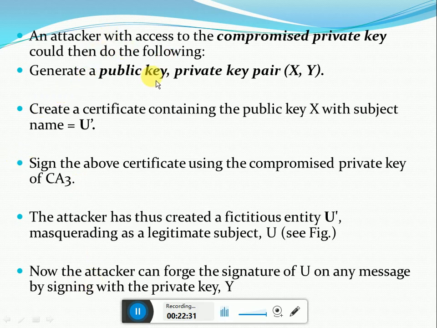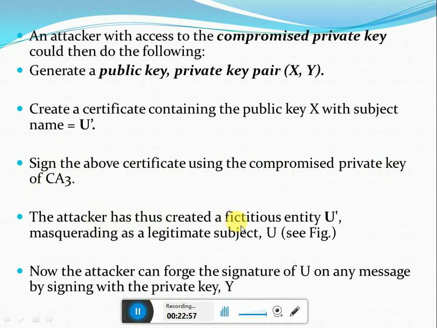He may generate a public key, private key pair X, Y, and create a certificate containing that public key X with a subject name U, signing the certificate using the compromised private key of CA3. Now he is acting as CA3 and issuing a certificate to another user.